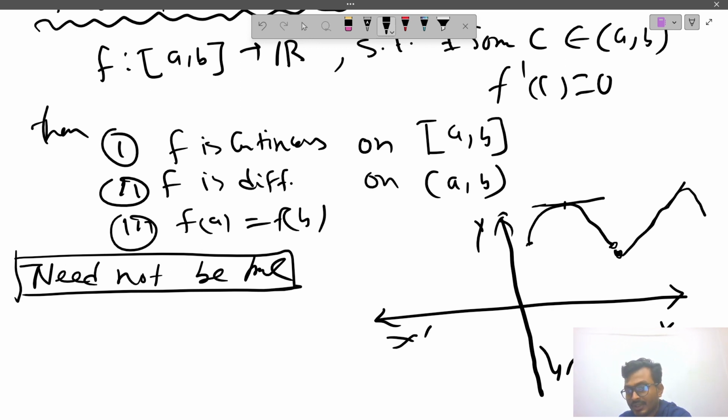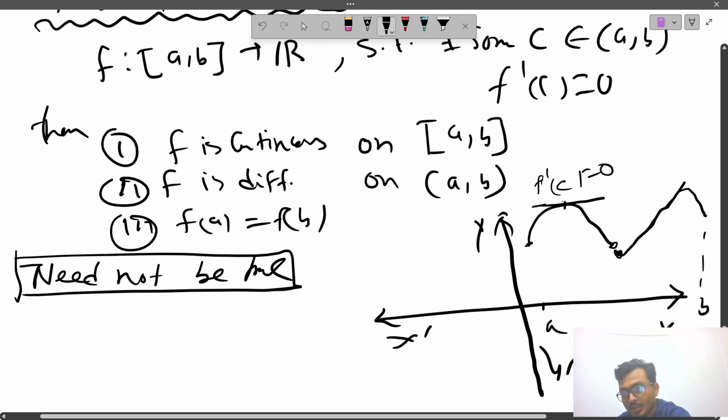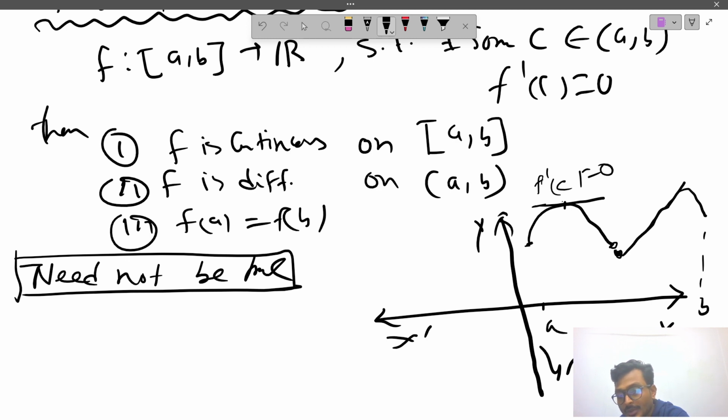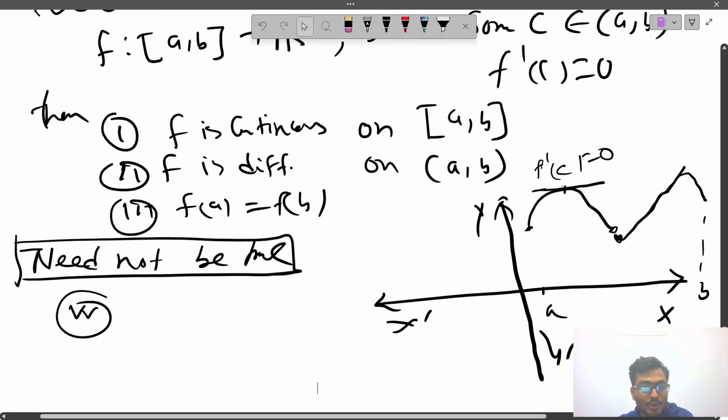So this is our function, this is a and this is our b point, right? Now we can see that we have found a point c where f'(c) is 0, but the function is not continuous on the closed interval [a, b] because there is a jump. So the converse of Rolle's theorem need not be true, right? So this is all about Rolle's theorem.